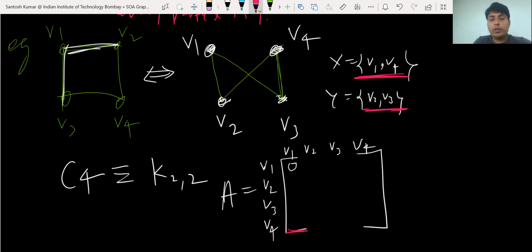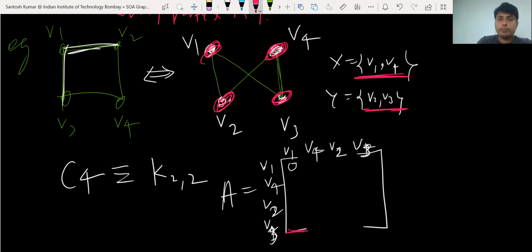You can relabel it, or adjust the order here. V1, V4, V2, V3. Are you getting my point? Relabeling is like taking V1, V2, V3, V4 in order, the same thing, but keep the vertices of X together and adjacent in this adjacency matrix.